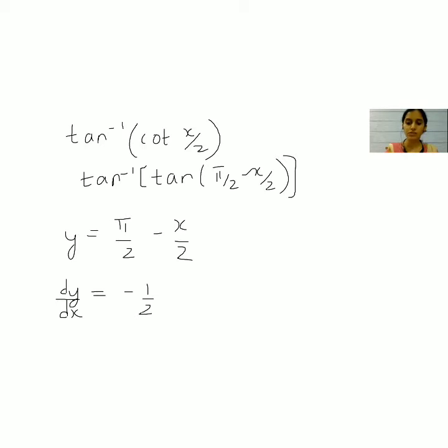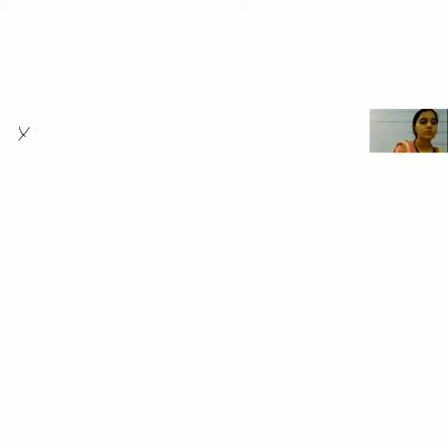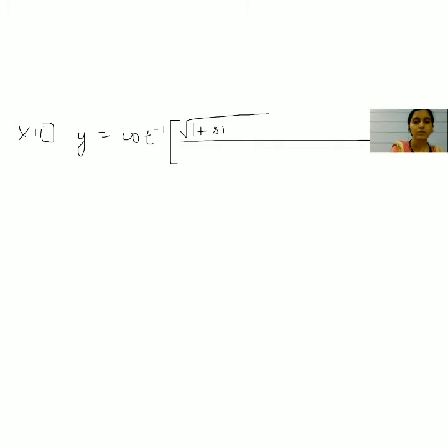We move to the next one, the 12th question. 12th question is y is equal to cot inverse of, and then we have root of 1 plus sine 4x by 3, right?